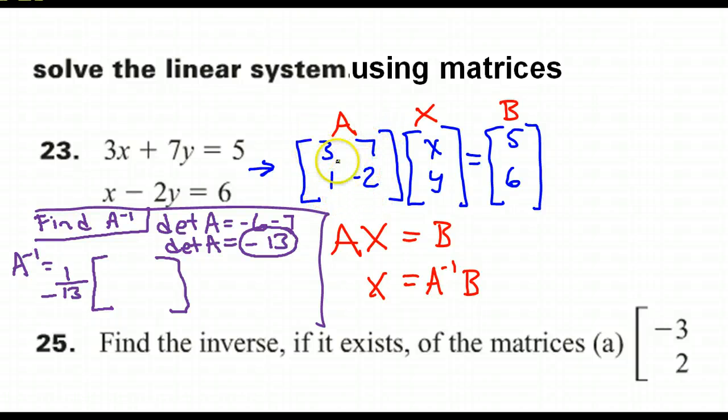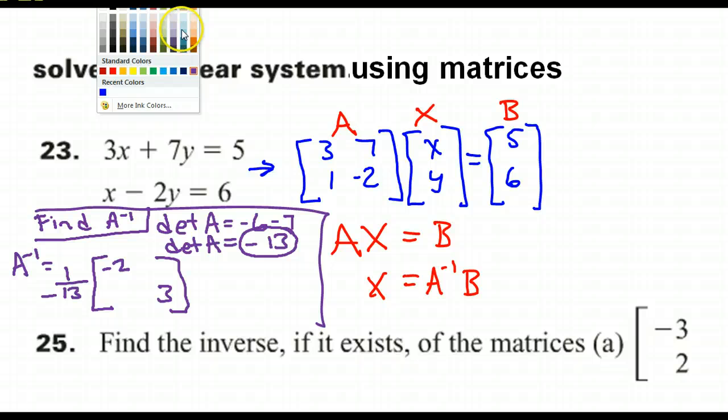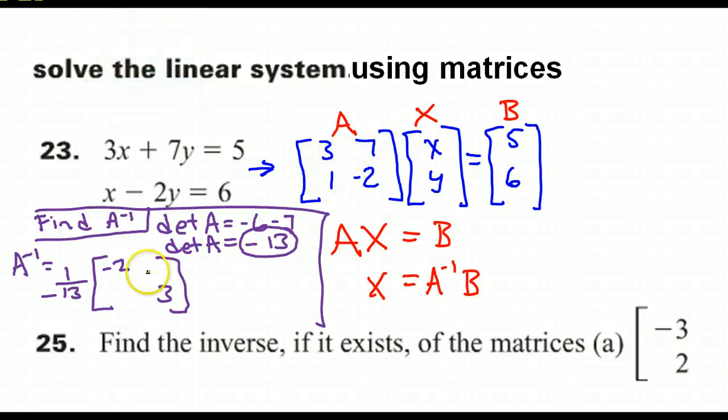I'm going to reverse the down diagonal and negate the up diagonal. So reversing means I'm going to switch these places. So I'm going to do -2 here and 3 here. That's the reverse part. Negating means doing the opposite sign. So that means the +1 and 7 will become -1 and -7.